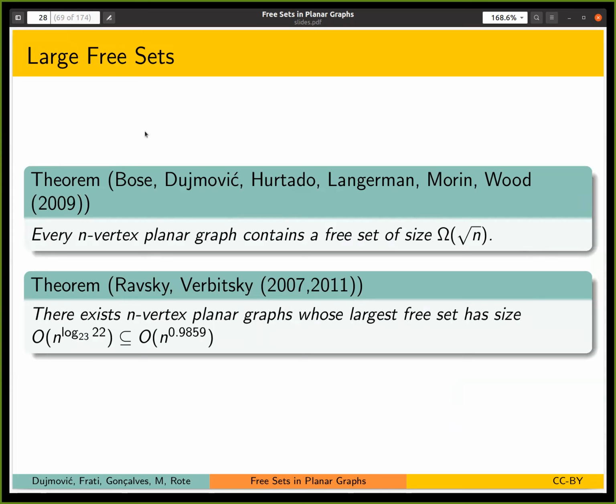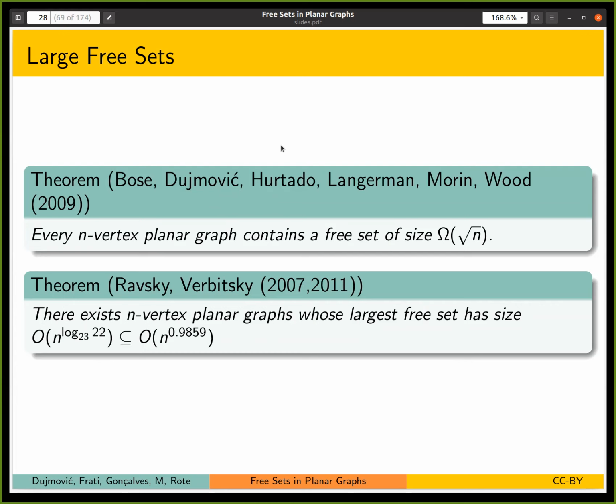Okay, all right. So a little bit of background. Great. So these free sets are good. Do they exist? Are there large ones? Well, one thing I can tell you for free is every planar graph has a free set of size 3. That's just 3 vertices.